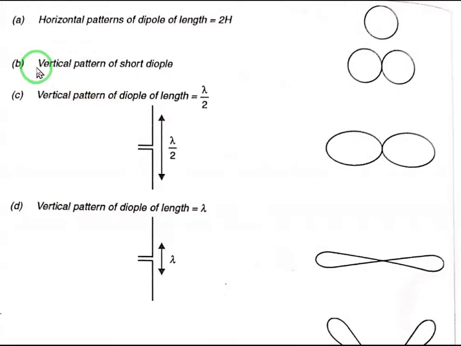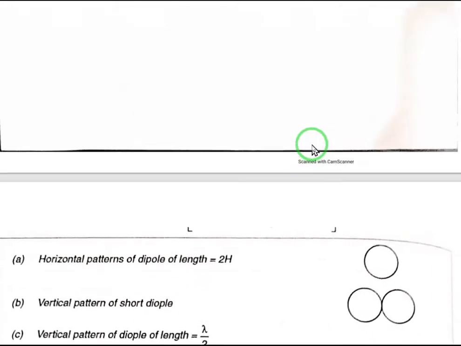So the summary is this: a vertically polarized antenna creates a horizontal pattern and a horizontally polarized antenna creates a vertical pattern. They are vice versa. Vertical polarized comes out with horizontal, and horizontal polarized comes out with vertical field pattern. So that's all for today.